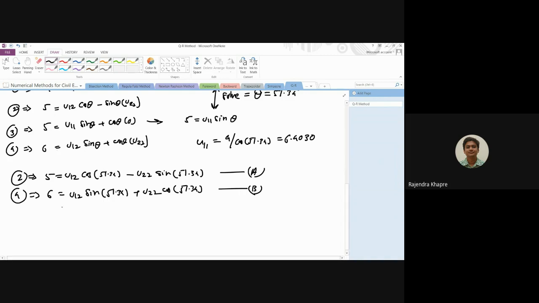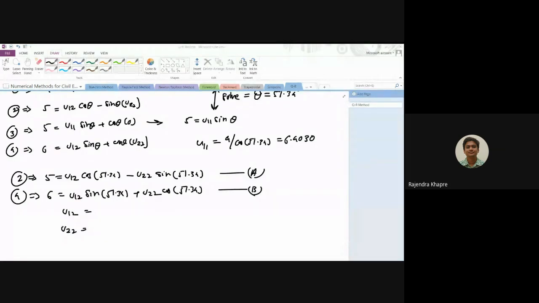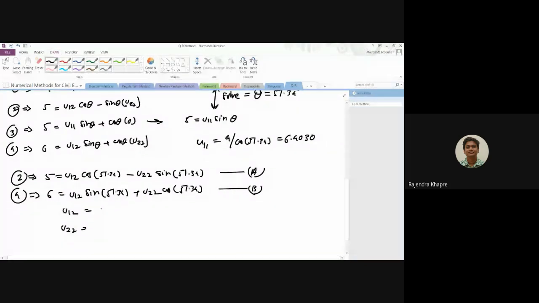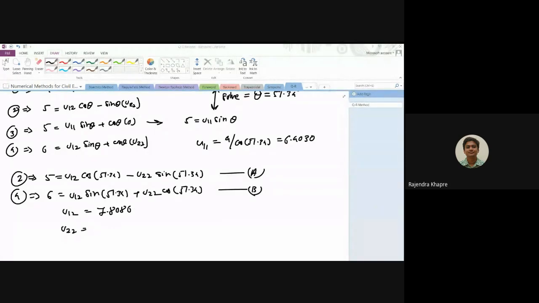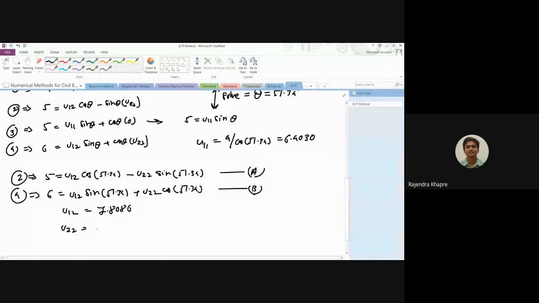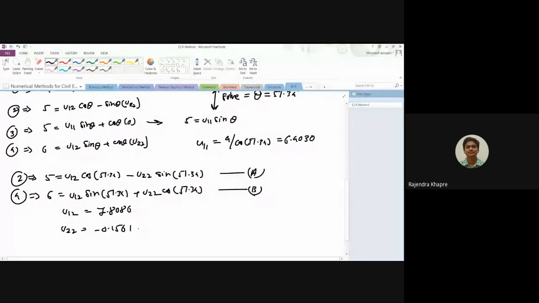Yes, anyone? Give me the values of U12 and U22, please. 7.80, okay, this is U12. 8086. And U22 is 0.1561. Yes, that's a correct answer. Okay, I'm also getting the same values.